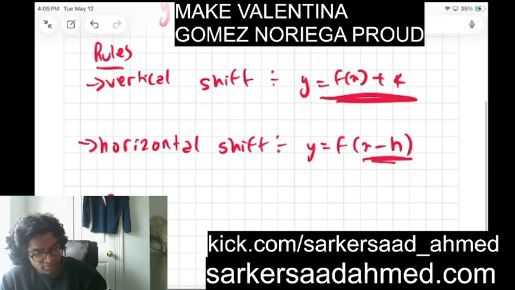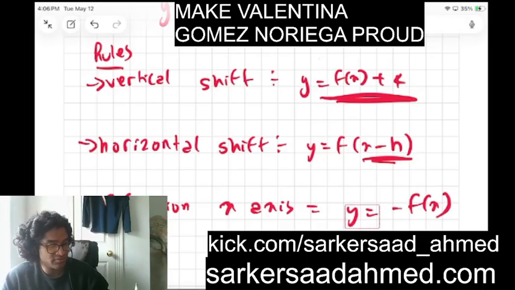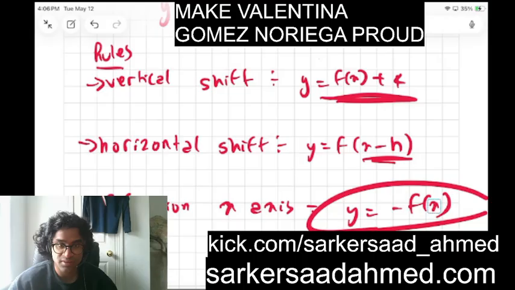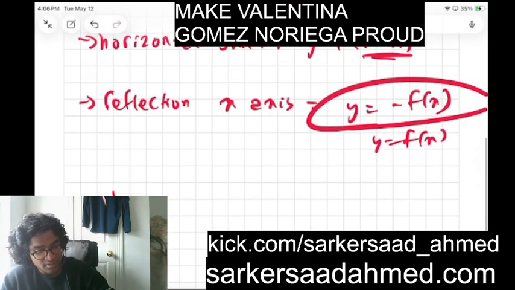And then reflection, like a mirror reflection. Reflection about the x-axis: y is equal to minus f of x. If I have y equals f of x, the opposite would be minus f of x, right? So that's reflection about the x-axis.